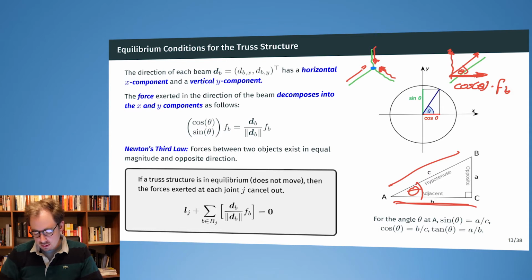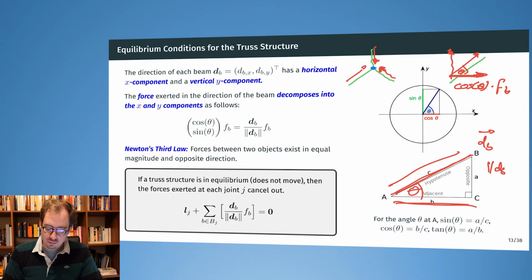And if we now represent this c line here by a vector, and we're calling the vector dB, which is the direction of the beam, then we can compute the length of the hypotenuse as the Euclidean norm of dB.